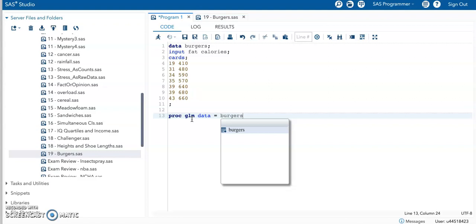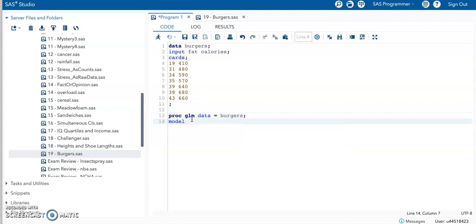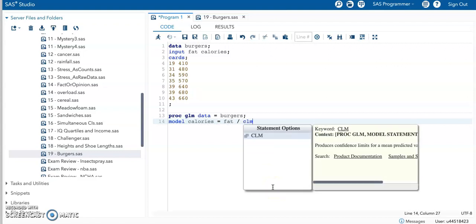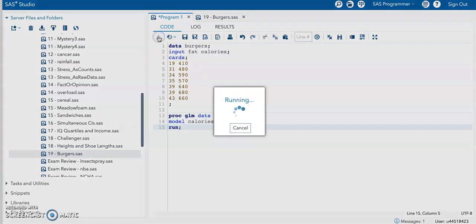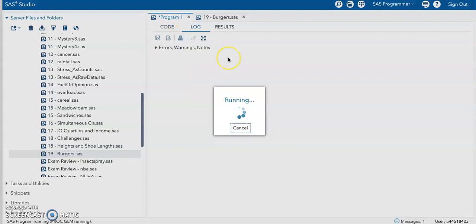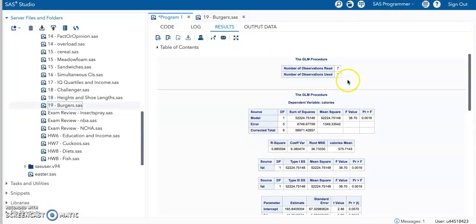Data equals burgers, model, and we are trying to predict the calories using fat, and I'm adding slash CLM so that I get these confidence intervals, and run. And if I run all of this, we'll see the output that we get here.